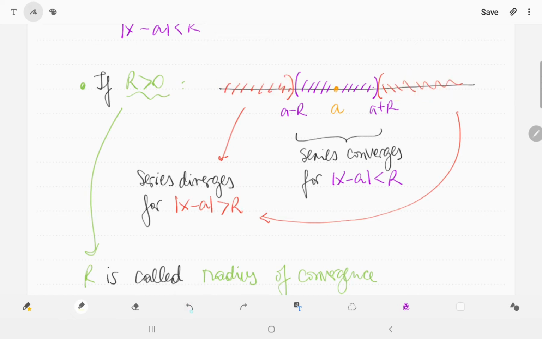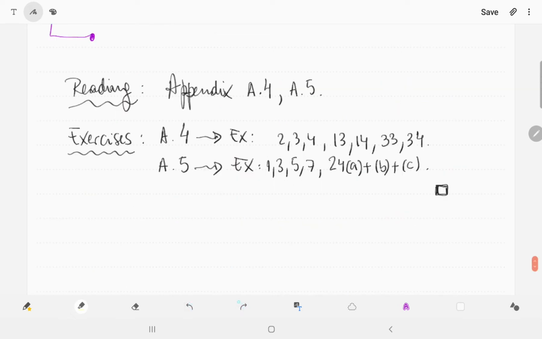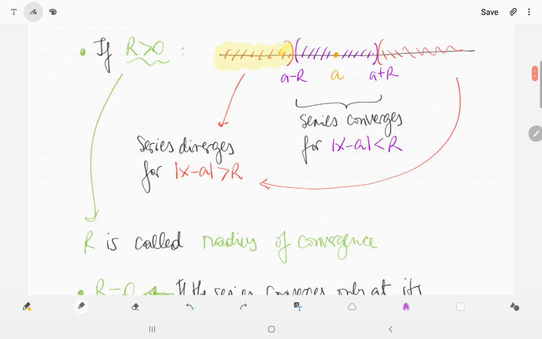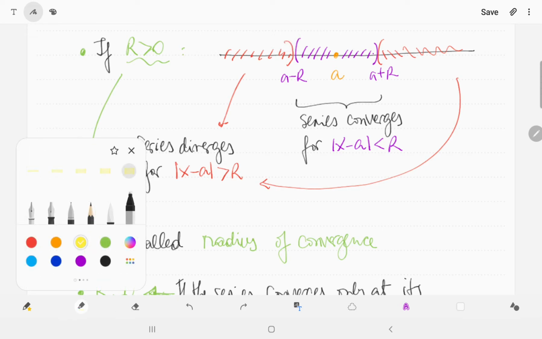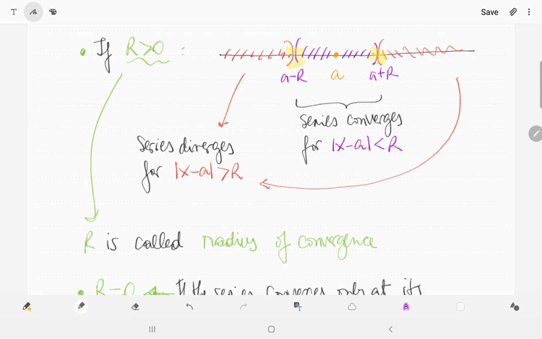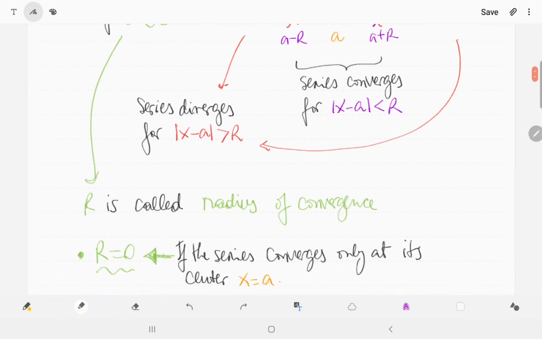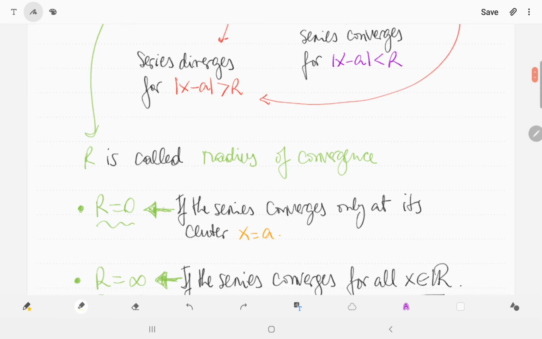And maybe you are wondering what happens when x is exactly this point here, or this point here. We will see some examples, but so far we just have this picture. If the series converges only at its center, then this radius is exactly 0.